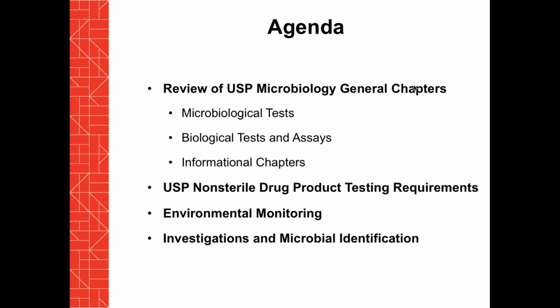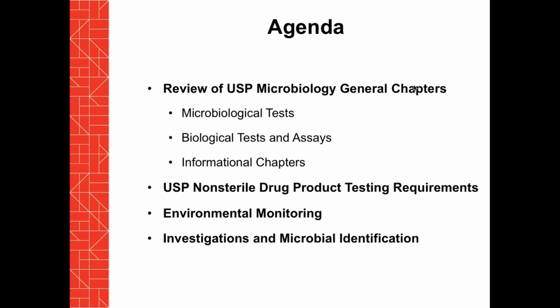Today we're going to cover a review of some of the USP microbiology general chapters. In addition to the traditional microbiology tests, we'll be covering some of the biological tests such as endotoxins and assays, as well as some of the informational chapters that can be applied and are frequently referred to in the USP.